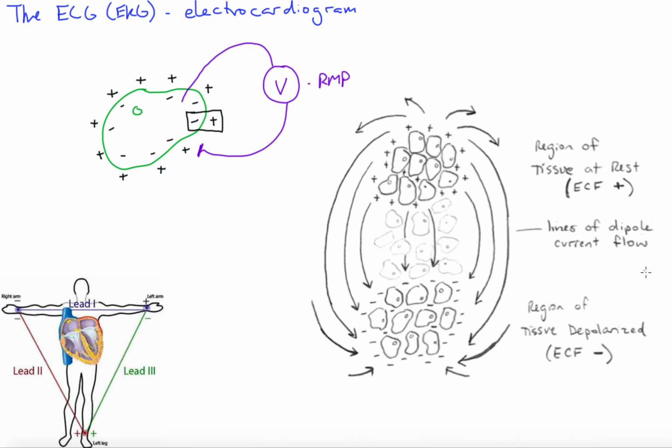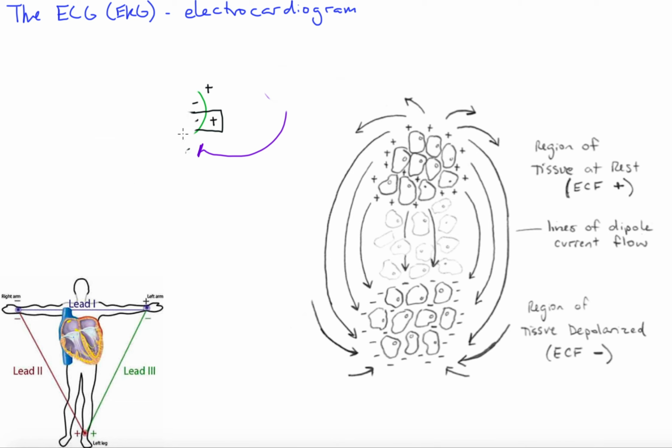Okay, let's go back to basics for just a second. Let me erase this. What I'm erasing was one cell. Now let's look at a group of cells. Let's say this whole region here is just a big clump of cells within the heart somewhere.